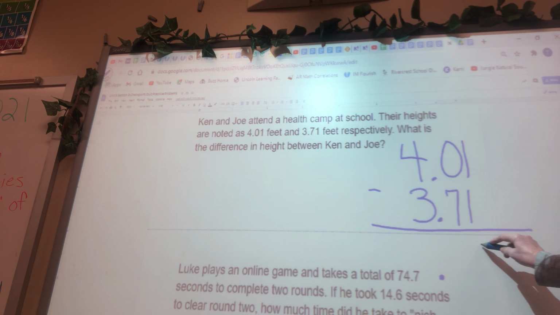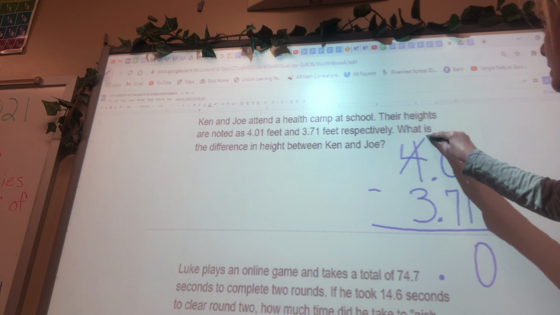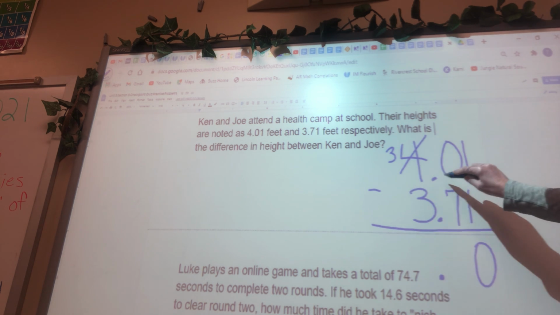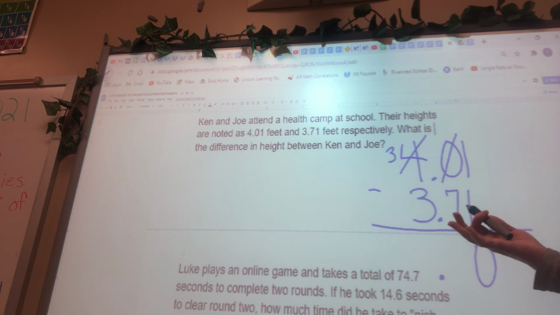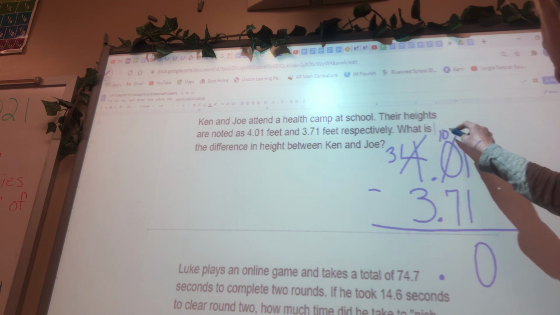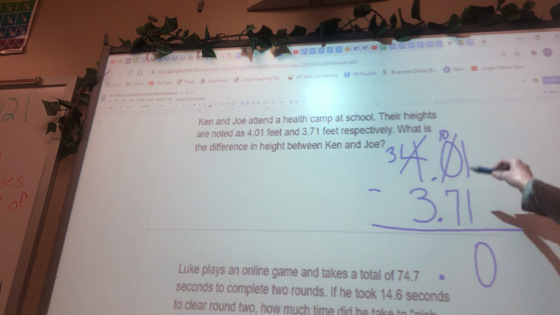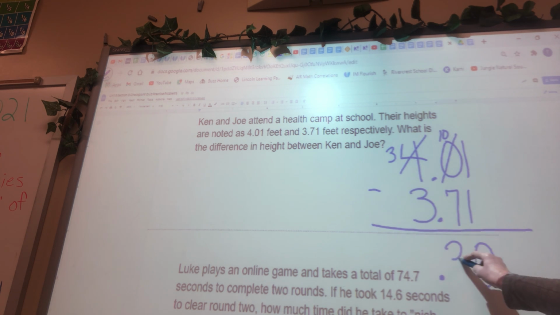1 minus 1 is 0. We can't take 7 from 0, so he's going to have to borrow. So that will become a 3. And remember, when you borrow a whole 1, that's like 10 tenths. So we have 10 tenths now. 10 minus 7 is 3. And 3 minus 3 is 0.